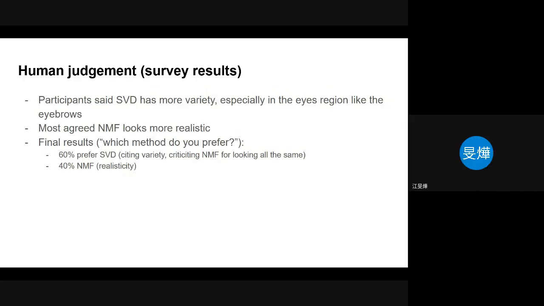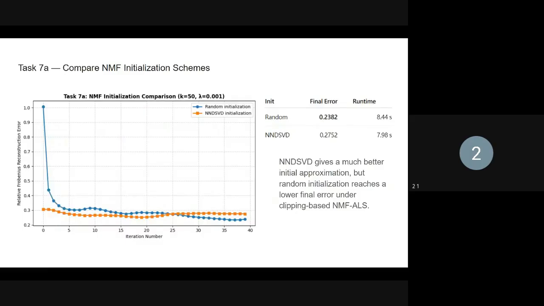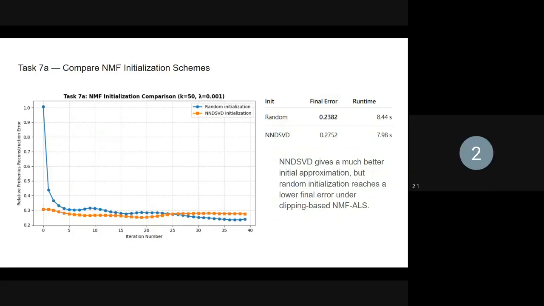Okay, let's go to the next part and see what happens. I did some optional extensions next. Like 7A, I compare the NMF initialization schemes, the random one and NNDSVD. This is a convergence curve.